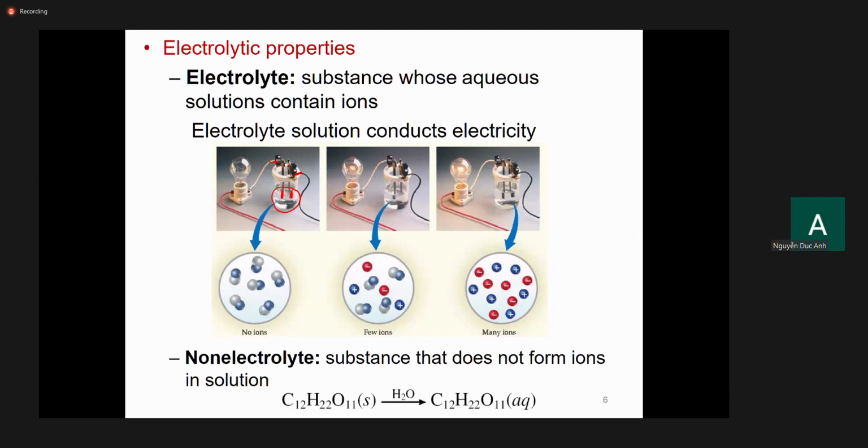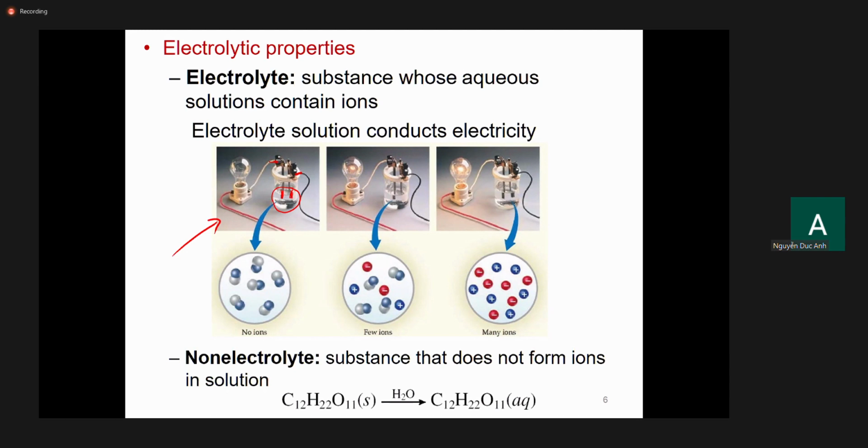The non-electrolyte is this one, in which the substance, when you dissolve it in water or any other kind of solvent, cannot form ions. By that, the solution cannot conduct electricity and the circuit will not be closed. So there are no ions in non-electrolyte materials.